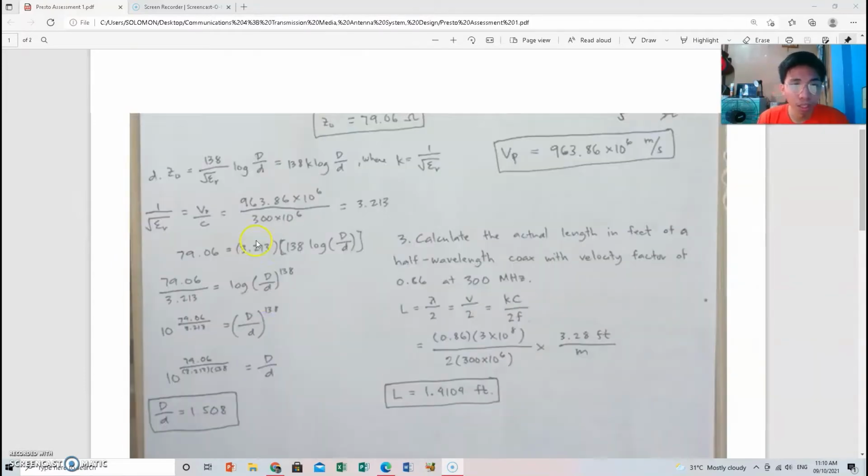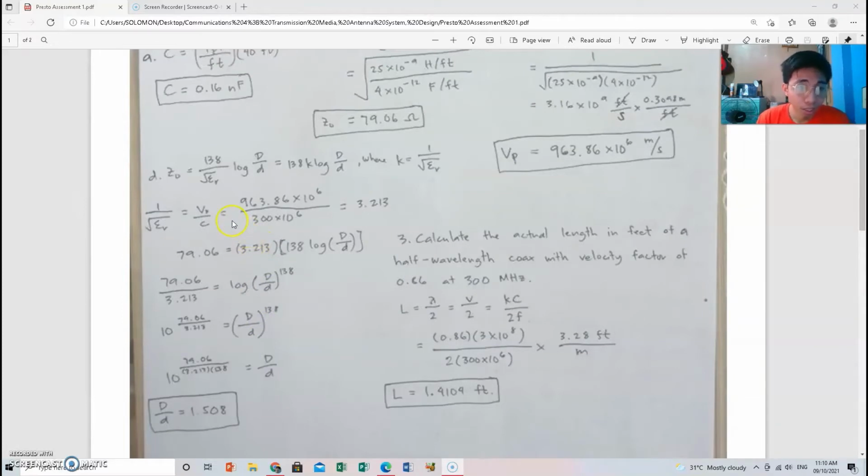So the formula here, we have a formula here for characteristic impedance that is equal to 138 over the square root of E sub r, or the permittivity, log D over d, or simply it is equal to 138k log D over d, because k is equal to 1 over square root of E sub r. So they are all equal to each other.